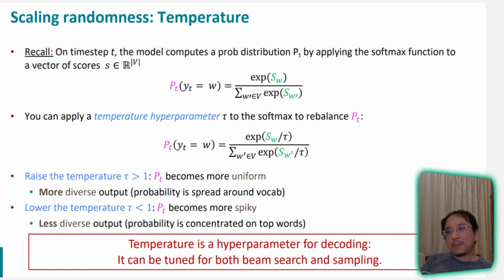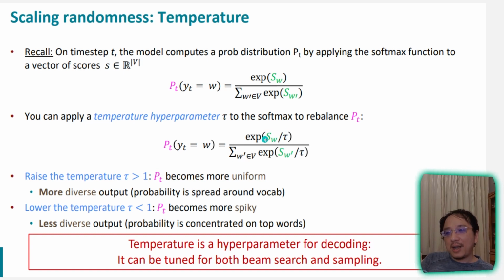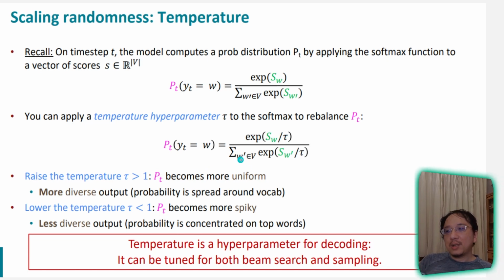There is a parameter tau here. We define each logit divided by tau. If tau is very large, s divided by tau is going to be close to 0, so the exponential is going to be 1, which means when tau is very large, P_t is more likely to be uniform.